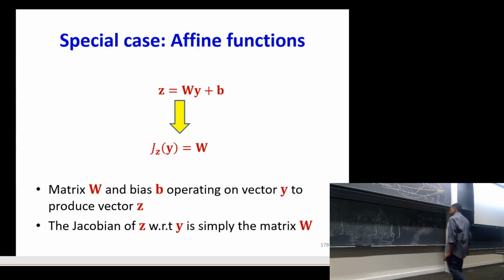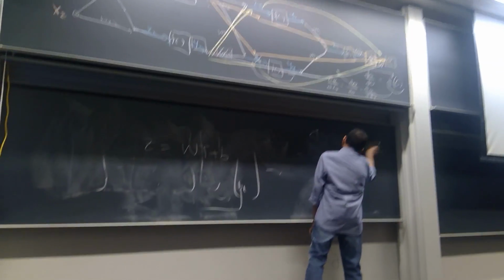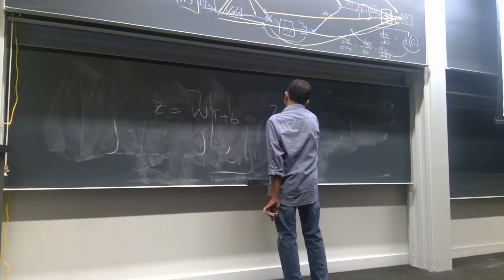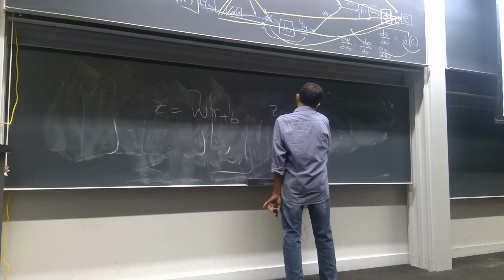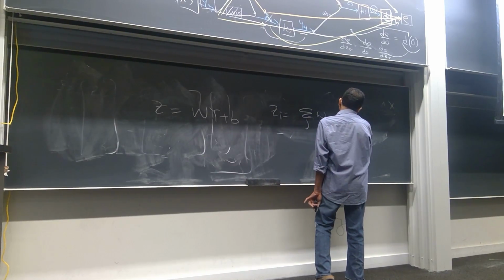Now, what this really means is z_i equals the summation over j of w_ij y_j, correct?